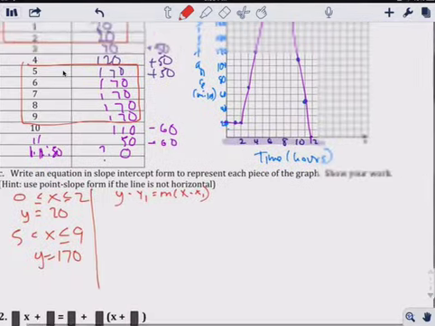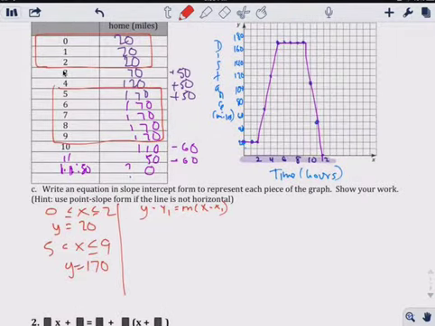We use point slope because we can find the 2 points between 2 to 5 hours. We need to first find slope.